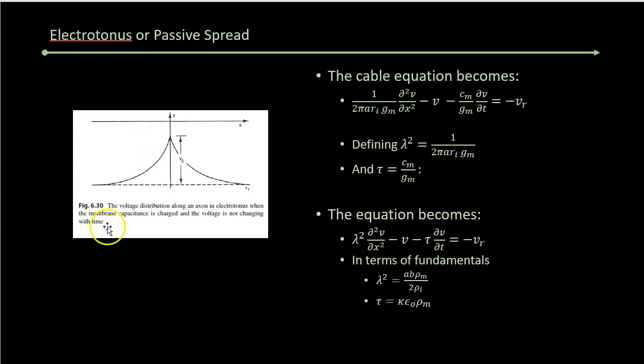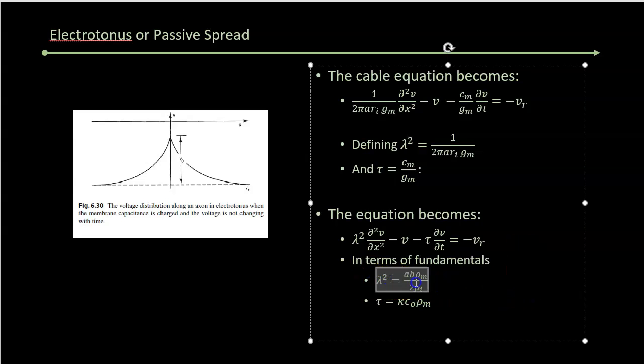If you put that back into the cable equation, you can rewrite the cable equation with these variables, lambda squared and tau. V R is your rest potential, V is your voltage at some other voltage. This equation has a couple of things in it that are very useful.